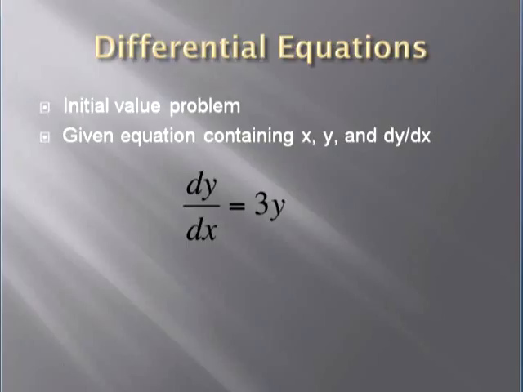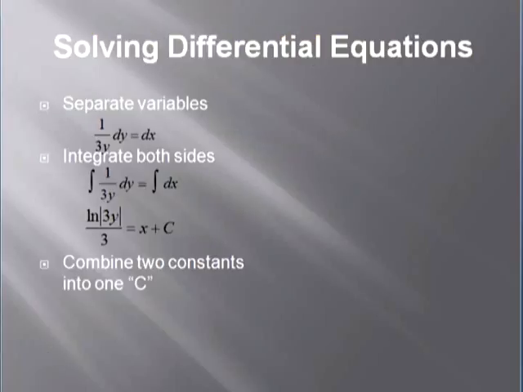So here's how to solve this problem, and as you can see, the first step is to separate the variables, as I said, and you can see I divided both sides by 3y. And then after you do that, you have to integrate both sides, find the general antiderivative of both sides. And so you can see the antiderivative of 1 over 3y dy is ln(3y)/3.